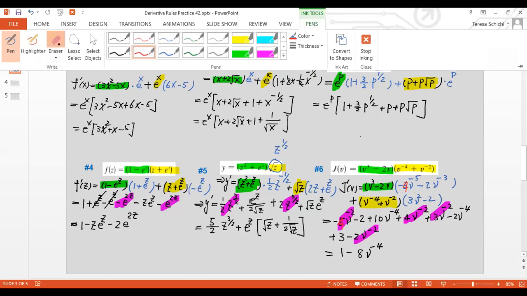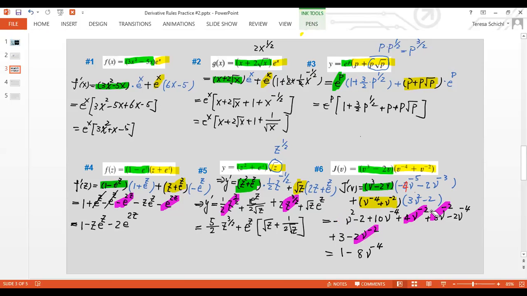Okay, so let's see here. I need to be careful, just like I say, you guys know how to do that, just need to be careful. So this is a 4, so this is -4 v to the -2, right? So you do like this, and then -2, good.